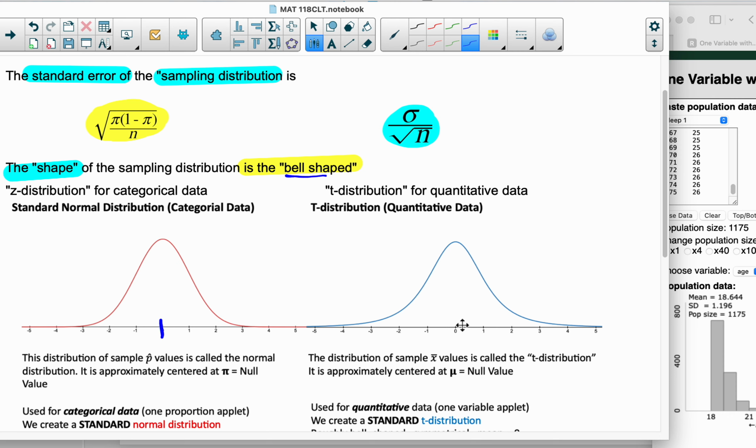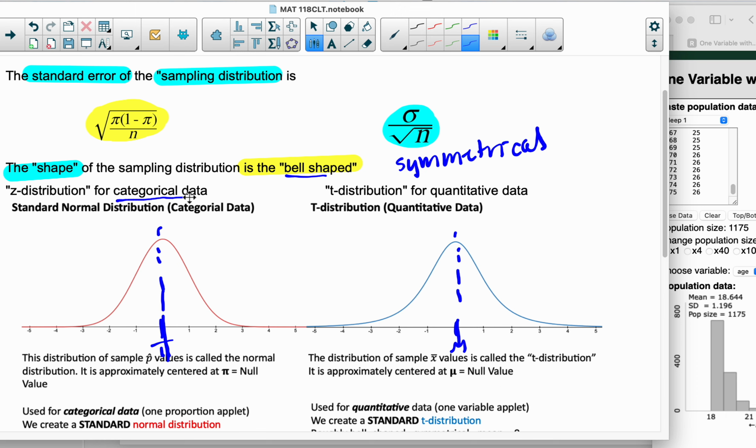Our mean is in the center. In this case, this would be mu. This would be pi. They're both symmetrical about the mean. So we have exactly half above and below. And if we folded it across the mean, both sides would fall right on top of one another.